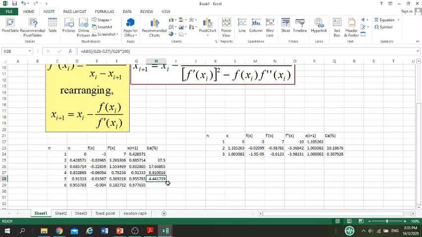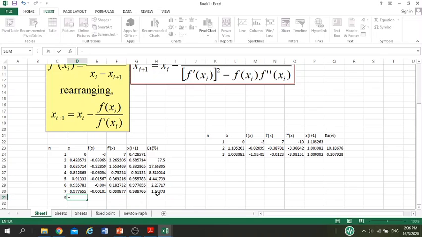Okay, you see that our error is decreasing as we do more iterations. We have to keep doing this until we get the 0.05 target. Okay, right.